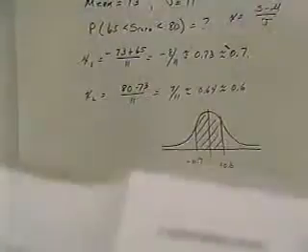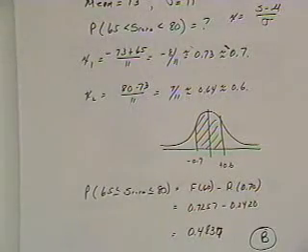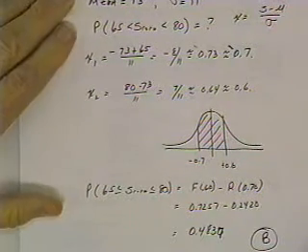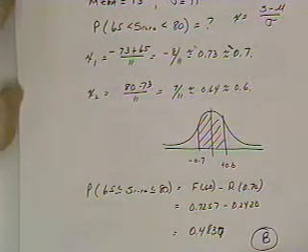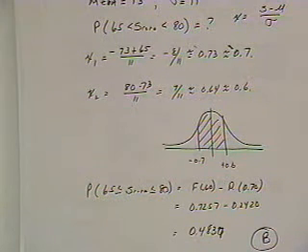So when I subtract those two things, I come up with the value exactly as quoted in the answer, the 0.4837, and that happens to be answer B. So it wasn't nearly as bad to work. Most of the normal distribution problems you will encounter that I have ever seen in these exams are relatively straightforward. They're not too bad.